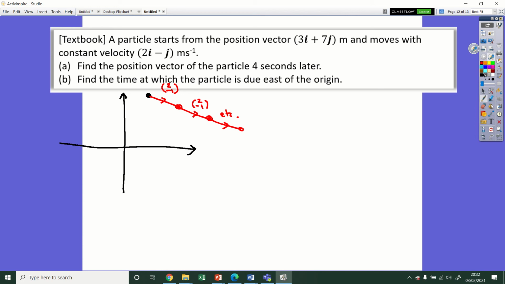After 4 seconds, we're going to have done this initial vector here, which is 3, 7, and then 4 lots of this, but I'm going to write that as a vector equation. So I'm going to set up my equation. R is 3, 7 plus t lots of my vector 2, minus 1. But then when t is 4, we can get our position.